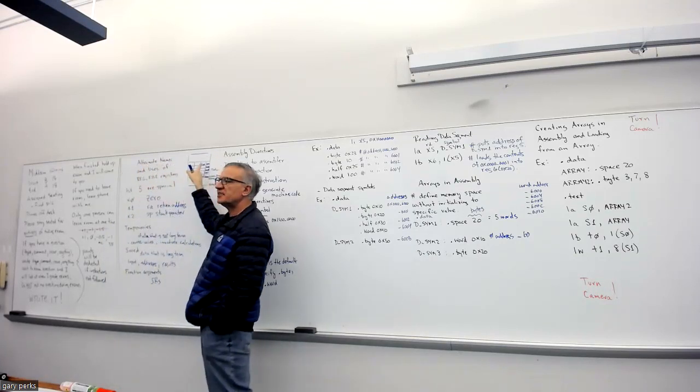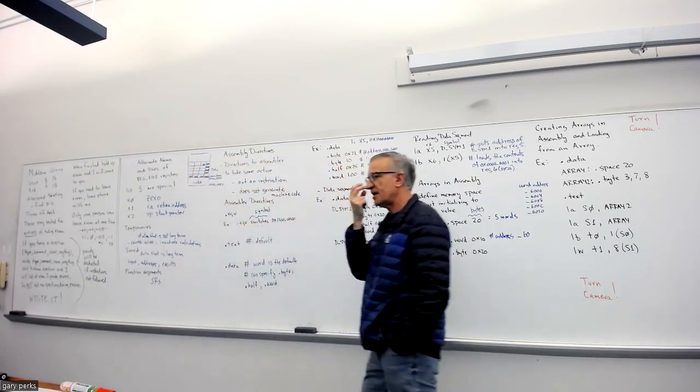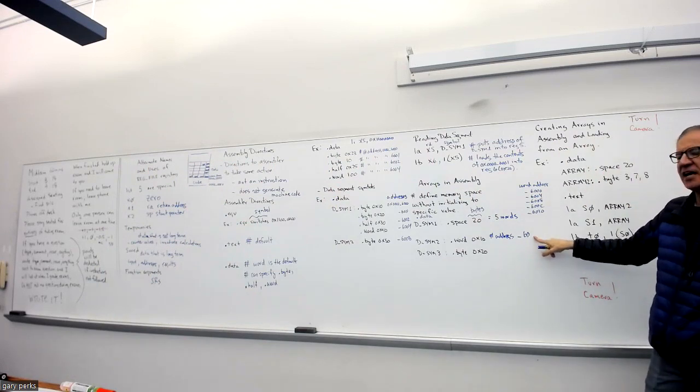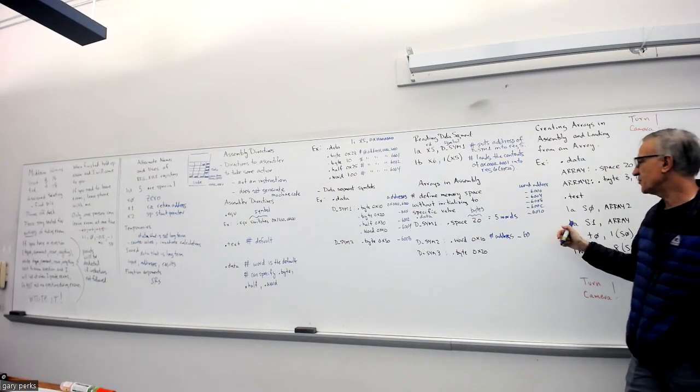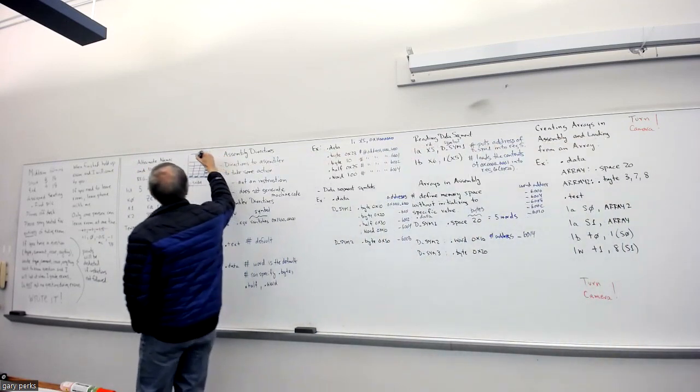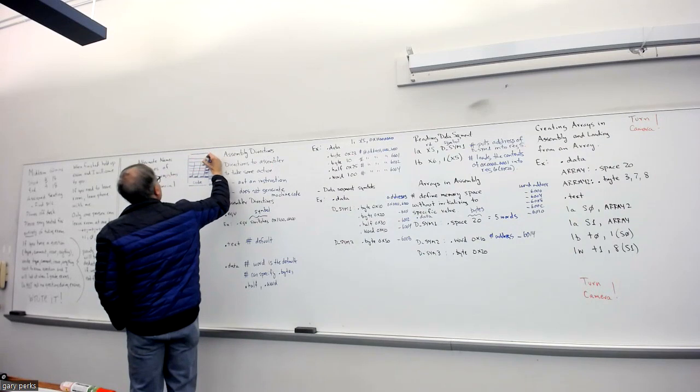Can we put a word at 6,011? That would cross a boundary, right? So what address would this word have to be at? Yeah, it would have to start here, 6,014.